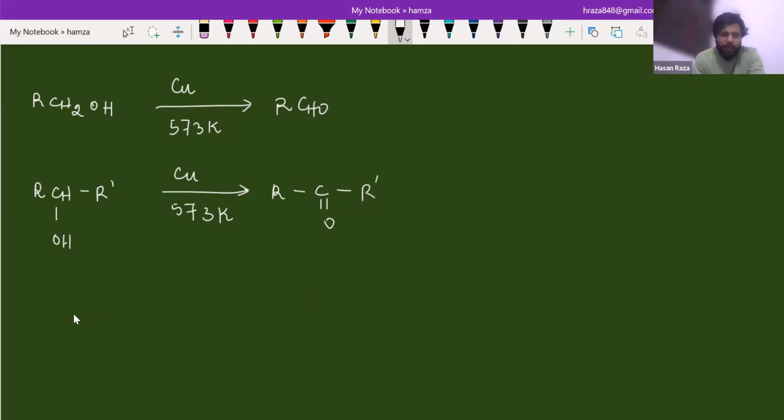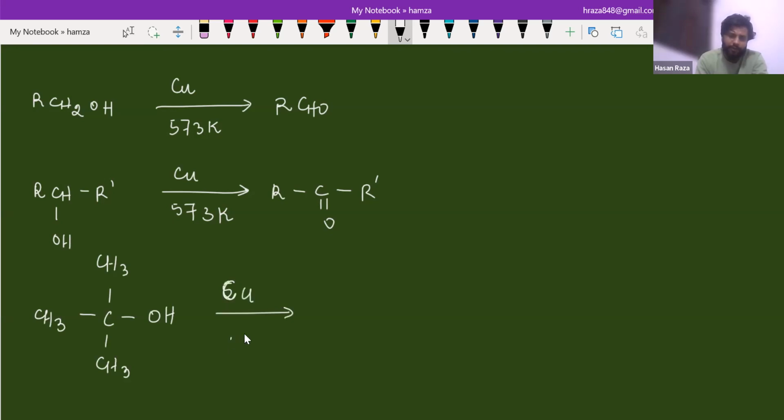Now the next point, if you are going to oxidize a tertiary alcohol like this, the condition is again similar. These alcohols are in vapor phase, copper at 573 Kelvin.